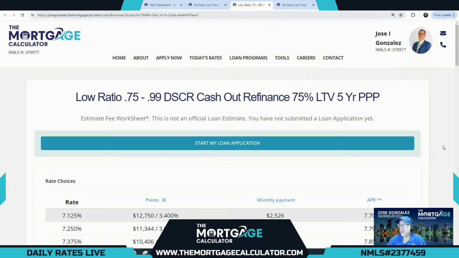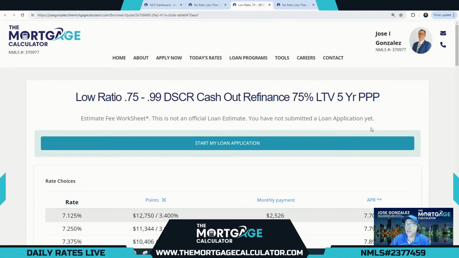So now we are going to look at some cash out refi options. Now, this is not a typo. The great news here is that with our low ratio, 0.75 to 0.99 DSCR cash out refi, we can still attain 75%. And that's actually the LTV that we're also able to attain on the purchase.